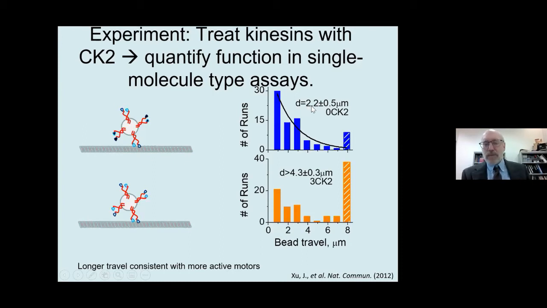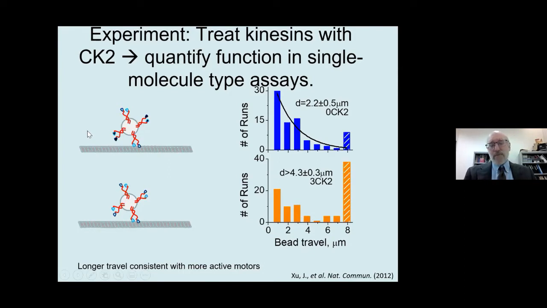This is a little bit more than single motor transport. It's not dramatically multiple motor, but it's more than single motor, because a single motor would go on the order of a micron or 800 nanometers. So you have a few motors on there, and some reasonable portion of the time you're getting some contribution from a second motor to give you that added travel.